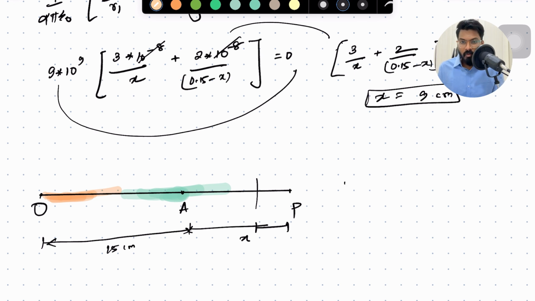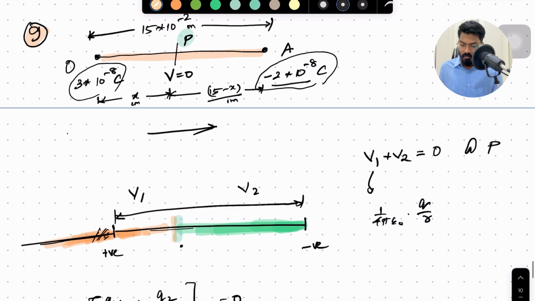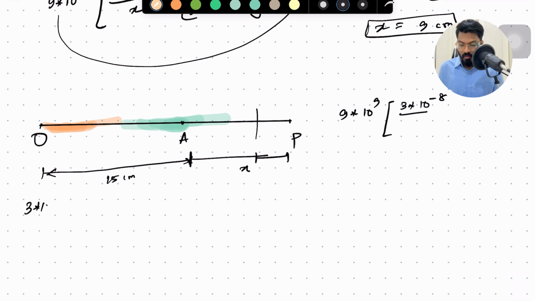So we are going to do the calculation again. 9 into 10 to the power 9, then we have 3 into 10 to the power minus 8 at a distance of 0.15 plus X, plus 2 into 10 to the power minus 8 at a distance of X. That equals 0.